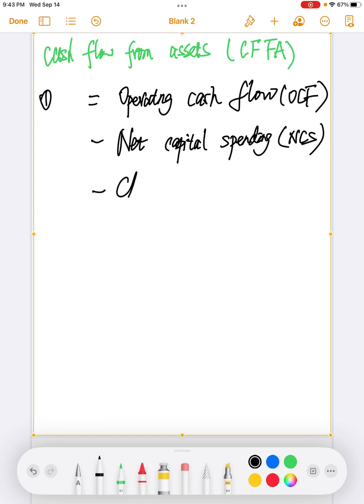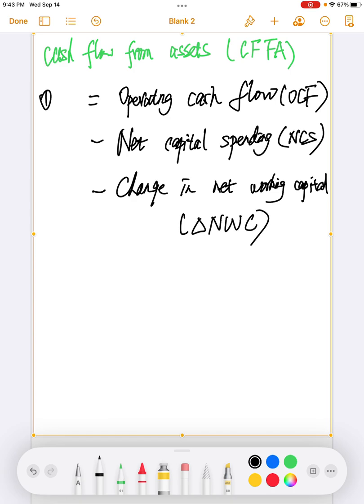Then we subtract any change in the net working capital, which is the spending in the short-term assets, and we use delta NWC to represent it. We cannot get these numbers from the company's financial statements directly. Instead, we have to calculate them.